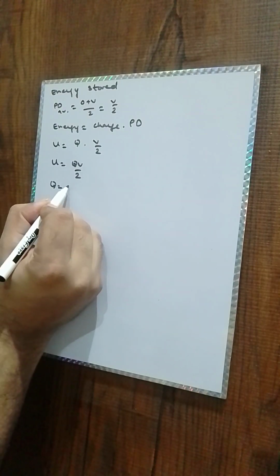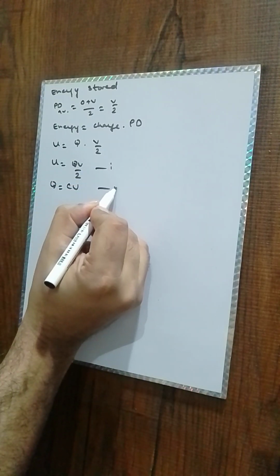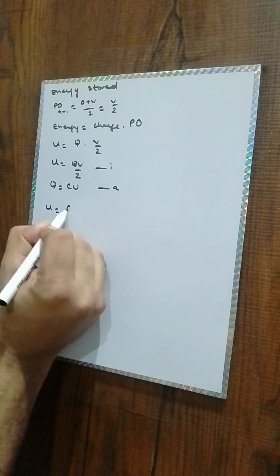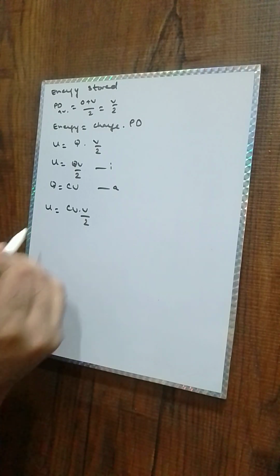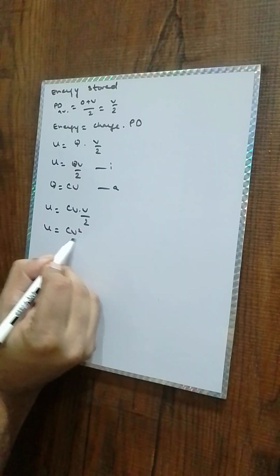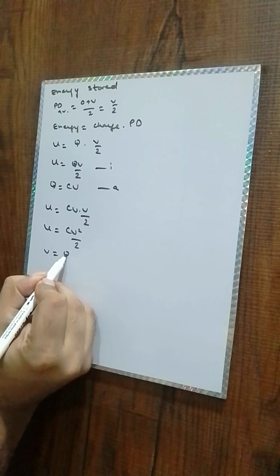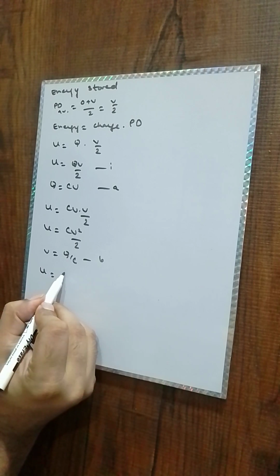So this is the situation here. And Q we also know is equal to CV. This is 1 and this is A here. We make this substitution. U is equal to CV dot V by 2. U is equal to CV square by 2. And there's one more thing which you can do. The V is equal to Q by C from A. So this is B. So we can put it here if needed.